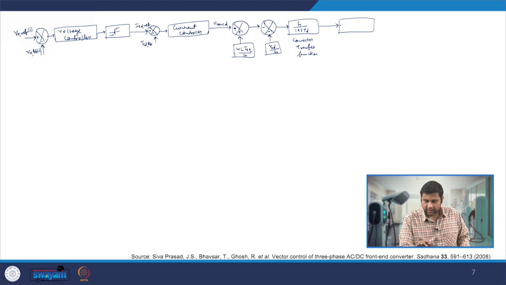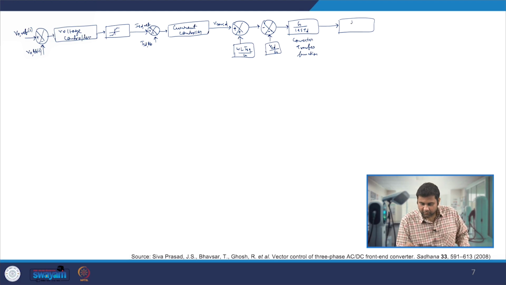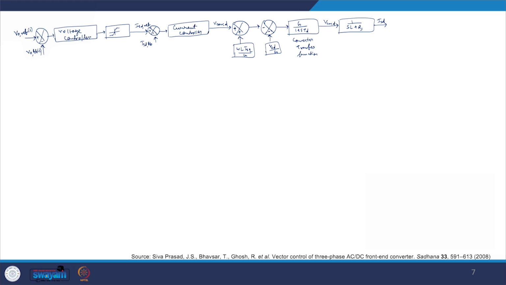This comes back here, and then you are applying it across the SL plus RS, which will be 1 by SL plus RS. Here we were applying V converter D, which was the modulating wave, and here we get it in the actual sense, and that will define my ISD component.